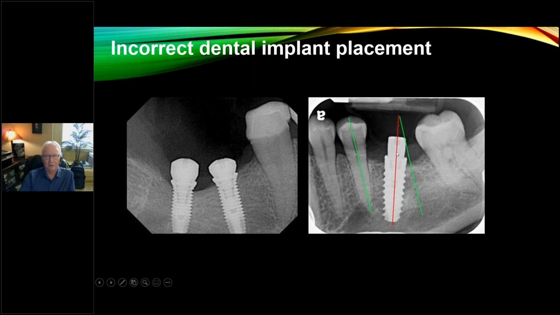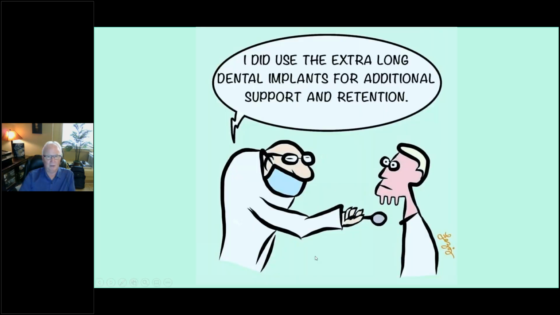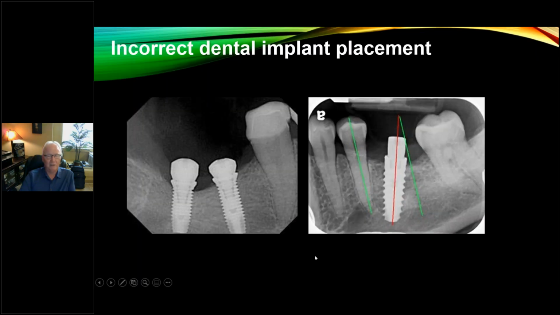Even this one, this implant orientation should have more sort of alignment with the rest of the space between the bicuspid and the molar. So both of those are possibly failures. Now, yes, you can do an angled abutment and restore that somewhat, but it's not ideal. Ideal comes from basically using cone beam and a surgical guide technique.